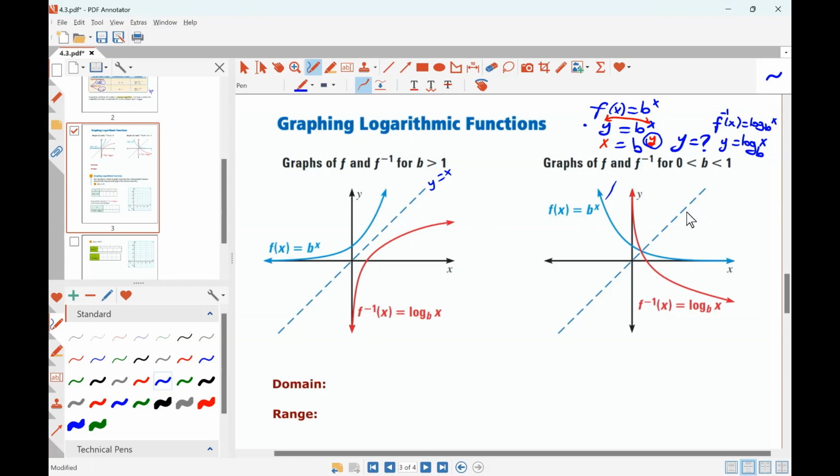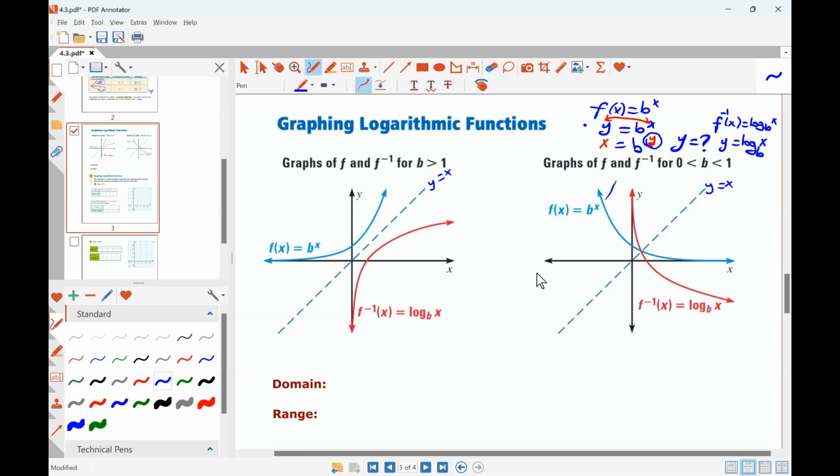Similarly, there is a y equals x line here for the exponential decay function. We are just going to reflect this function around the y equals x line. We get this red function. This logarithmic function is decreasing. That logarithmic function is increasing. And we're going to learn how to graph them.